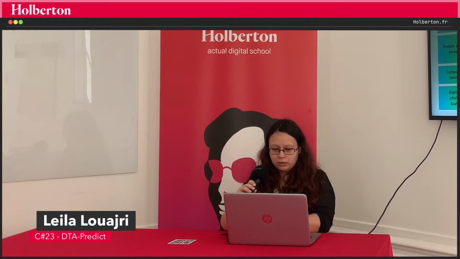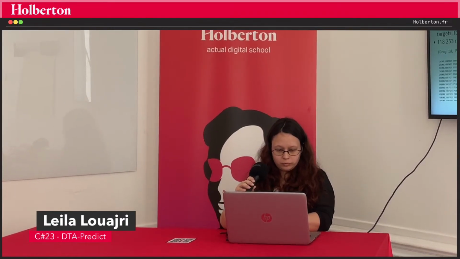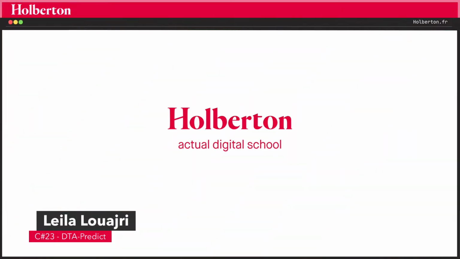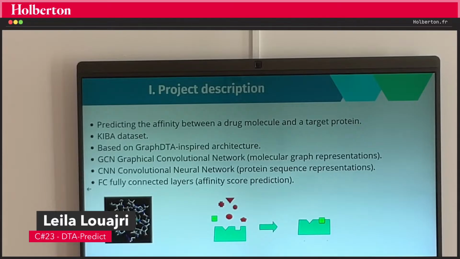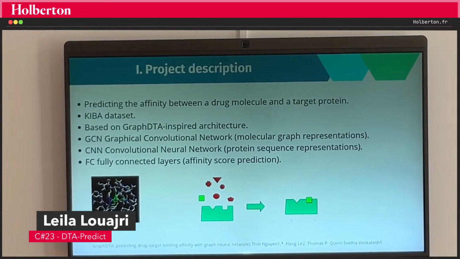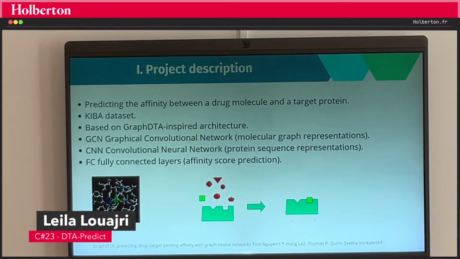I put them here on the sources. So here you have a source on one of them, the GraphDTA. I compared the results on the 3 articles, and I chose the architecture based on this.